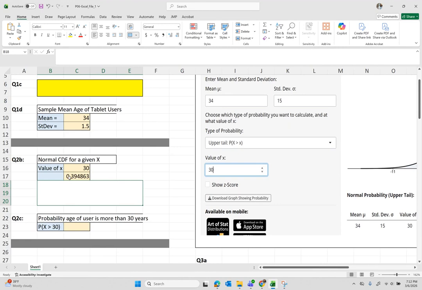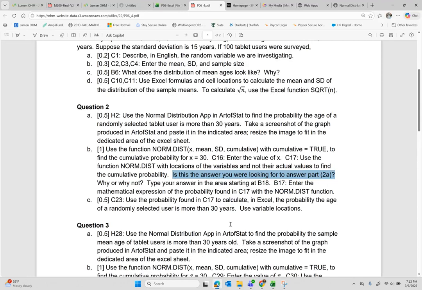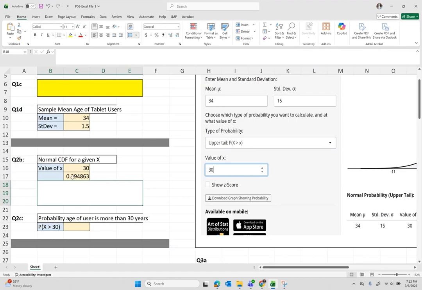It was not 0.394863. So the answer is it's not the same. That's not what I wanted to answer the question. Why is it not the same? Type your answer in the area starting in B18.